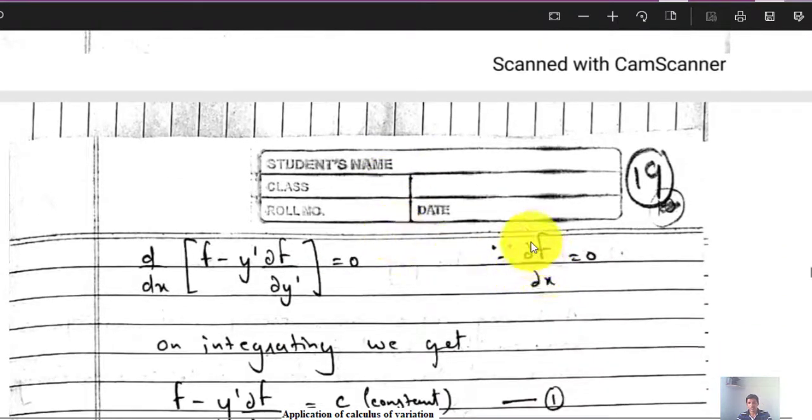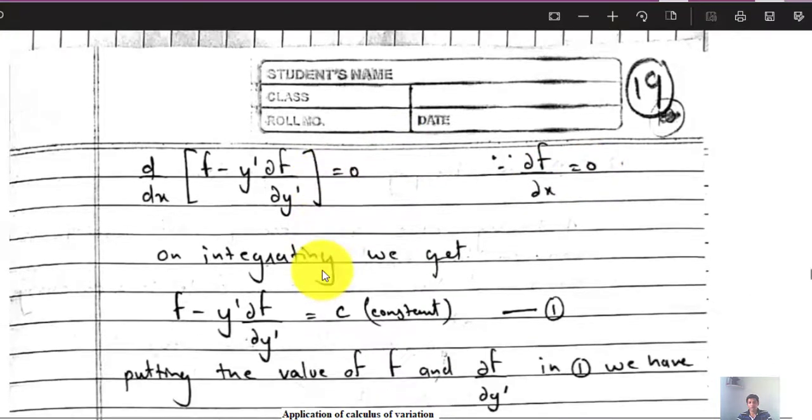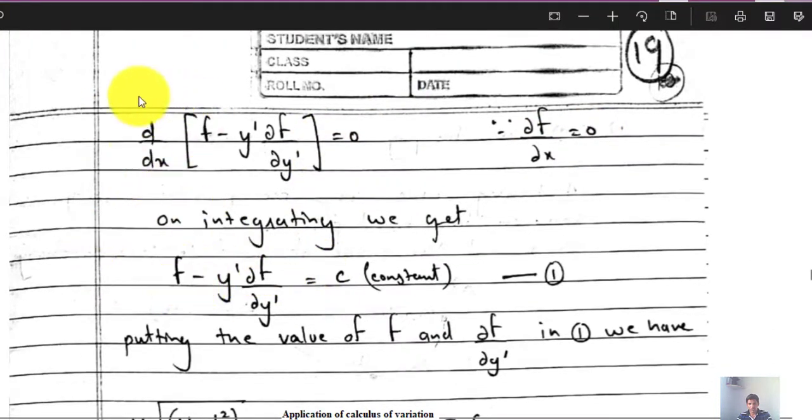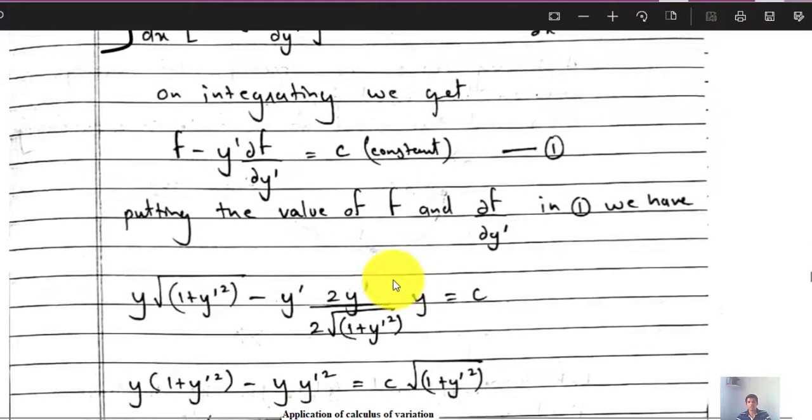Therefore, on integrating, the differentiation gets cancelled, so f minus y prime dou f by dou y prime is equal to c, a constant.